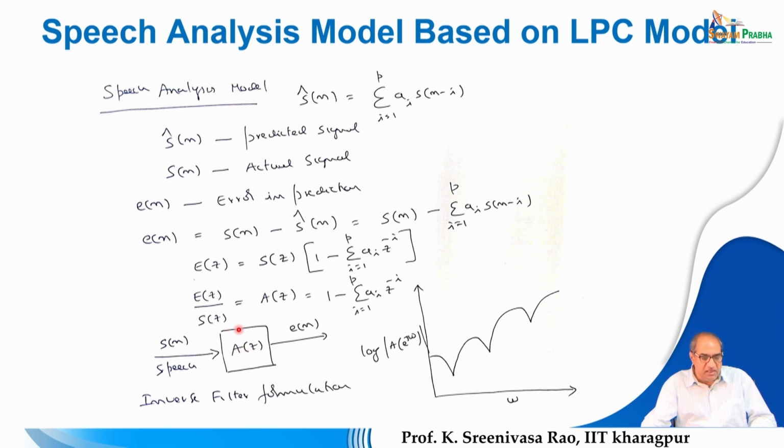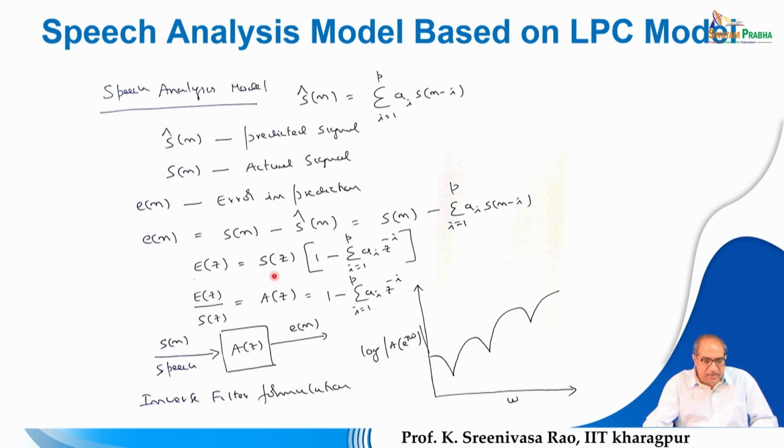In the synthesis model the transfer function is 1 over A of Z, whereas in the analysis model, by deriving the error signal and applying the Z transform and rearranging the expression, you get E of Z by S of Z, where E of Z is the error signal and S of Z is the speech signal.